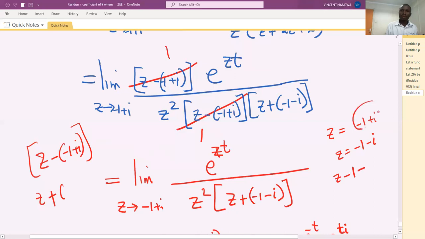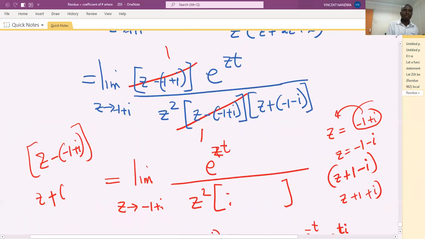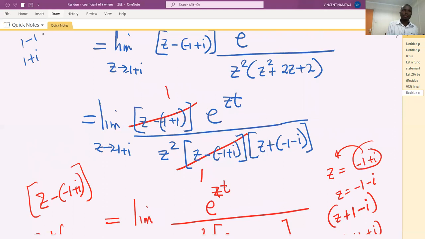So taking this one to the left-hand side, so z plus, then minus i is a factor, and then z plus 1 plus i. Yeah. At this point, okay, let me just explain properly.